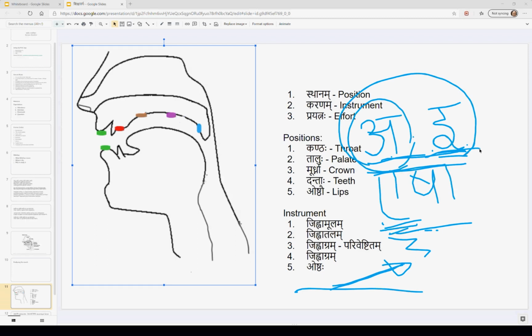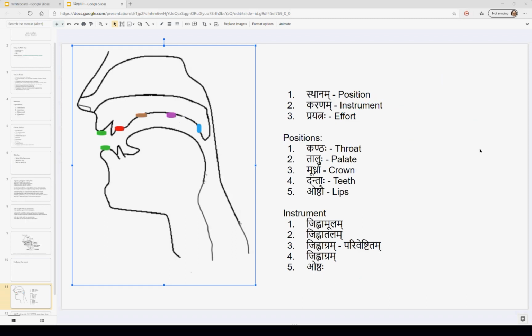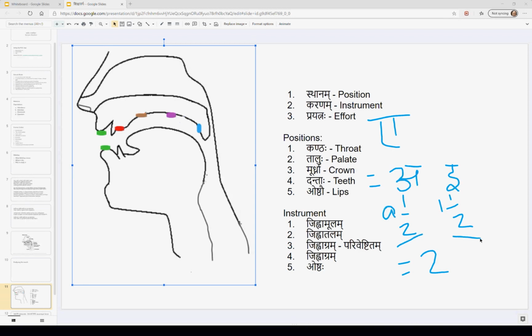There is half a matra for A, and 1.5 matra for E. So Shikshaa says the A portion, the first part, is only half a matra, and the rest, the E portion, is 1.5, making a total of 2 matras, which is about 1 second. So this is 25% and this is 75%. So this is very, very short. We'll have to keep that in mind.